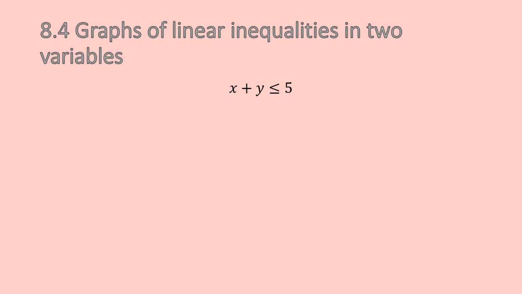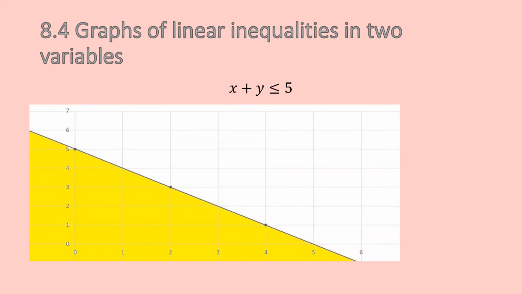The solution set is the set of all possible combinations of values for x and y, so that x plus y does not exceed 5. Obviously, any x, y point on the line x plus y equals 5 will meet this condition, but there are others too, as shown in the diagram here.